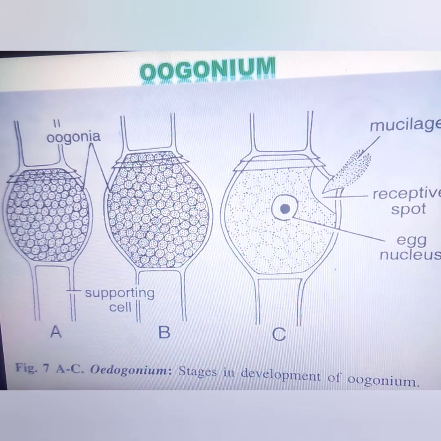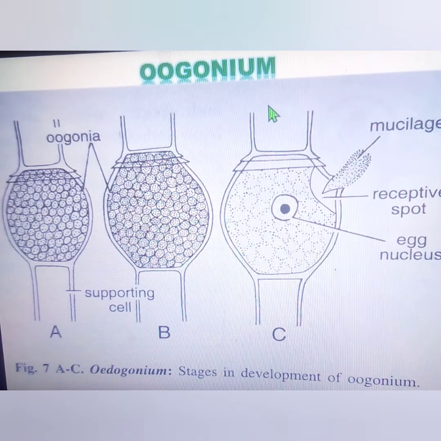We will study the development of the oogonium, that is the female reproductive structure. Now, the development of the oogonium in both the macrandrous as well as the nannandrous species is similar.